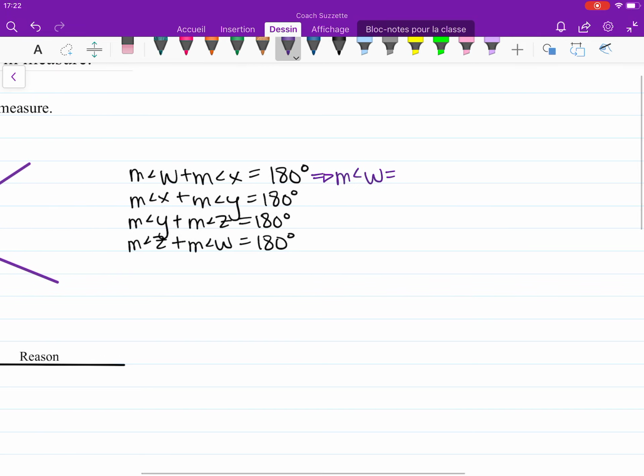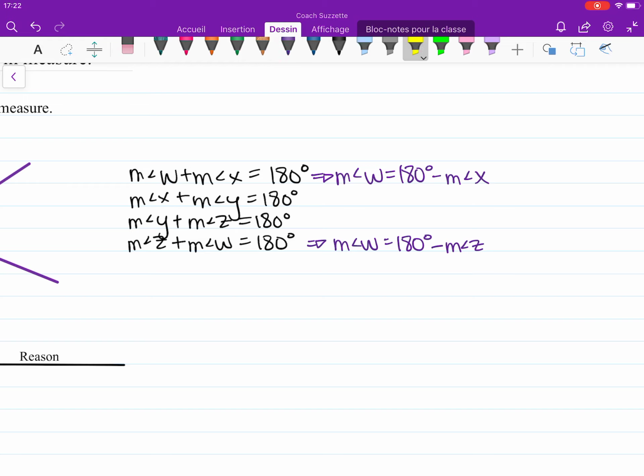Well, for this one, if we do minus measure of angle X on both sides, we would have measure of angle W is equal to 180 degrees minus the measure of angle X. For here, if we did minus the measure of angle Z on both sides, we'd have the measure of angle W is equal to 180 degrees minus the measure of angle Z. Well, if this is equal to something, and this is equal to that same something, then it must be the case that these are equal to each other.